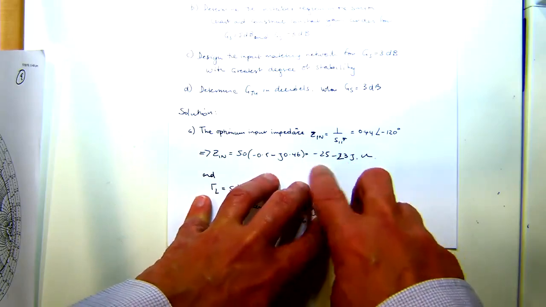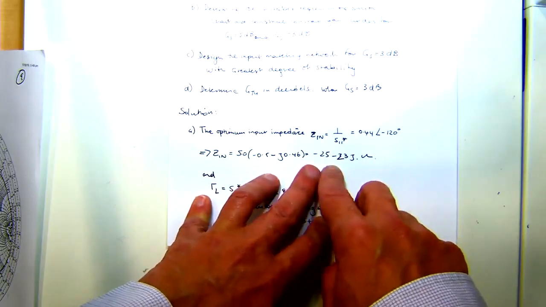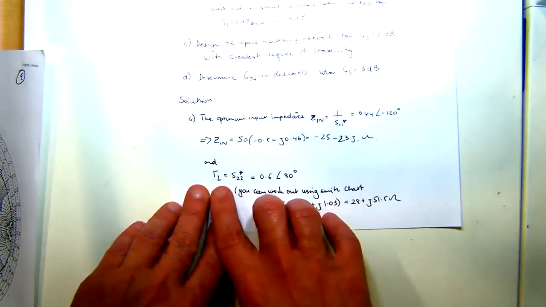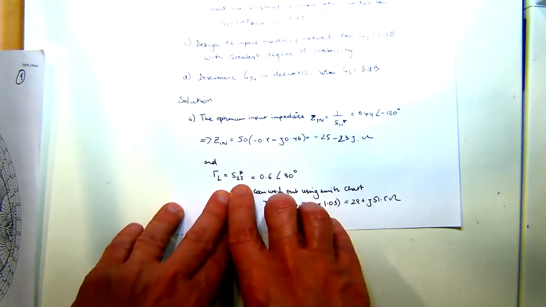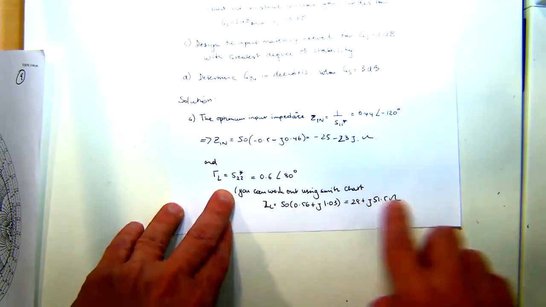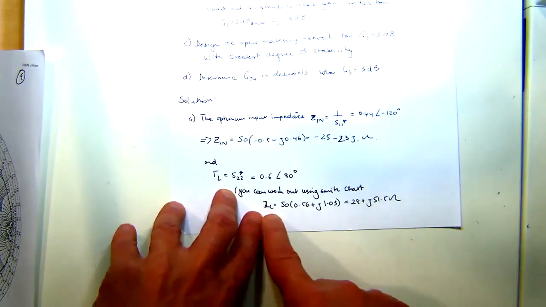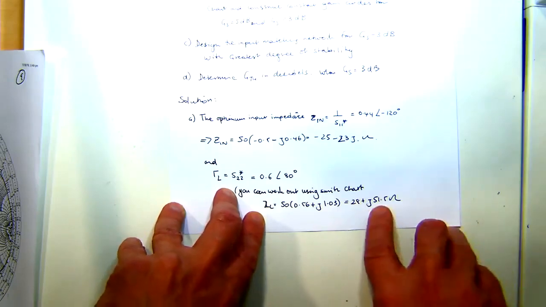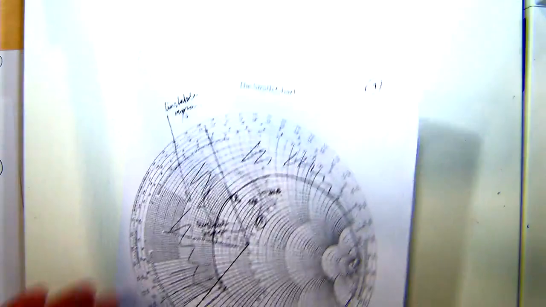So we see that we've got a negative real component. Okay? And then we've also got gamma L is equal to S22 conjugate, and we can actually work out that the impedance of the load is 28 plus 51.5J. Okay, so let's now draw.